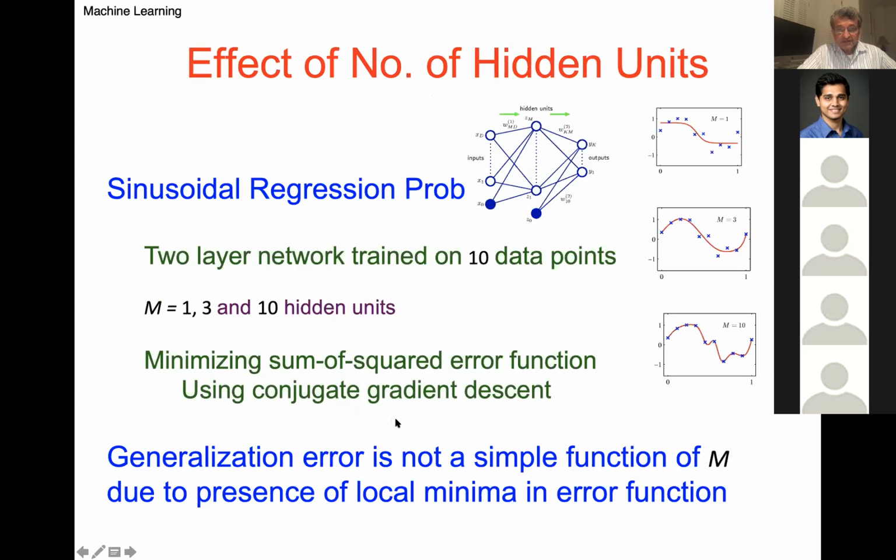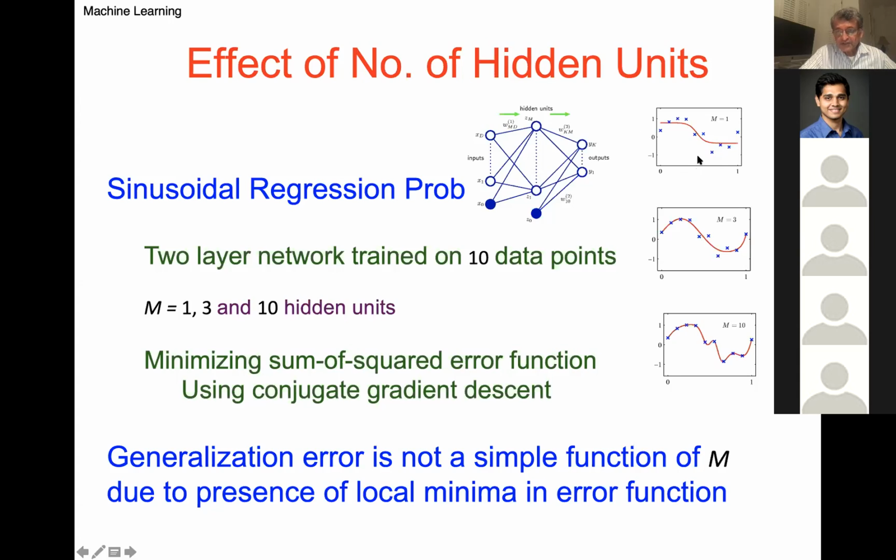So the effective number of hidden units is being talked about here. Sinusoidal regression problem: a neural network can be used to solve a regression problem. A two-layer network trained on 10 data points. So we have the input units and the hidden units, and let's say we have 10 data points like this.